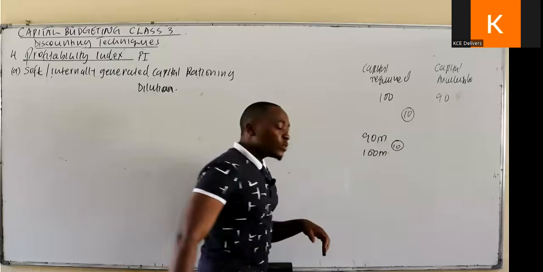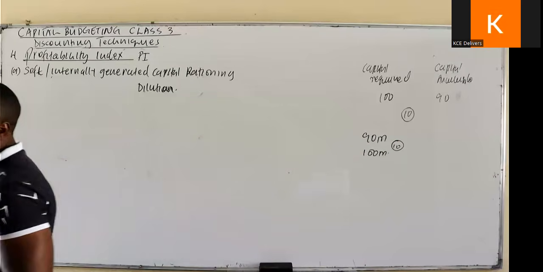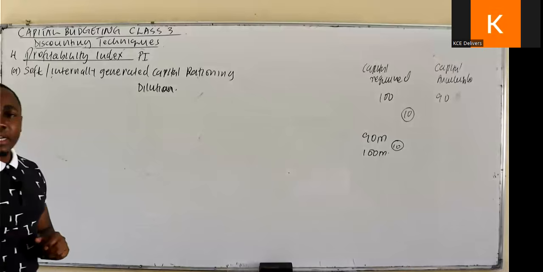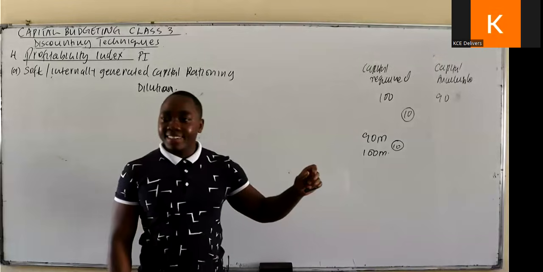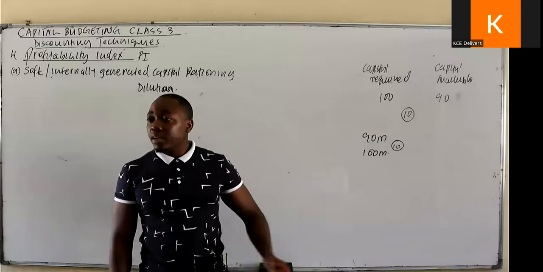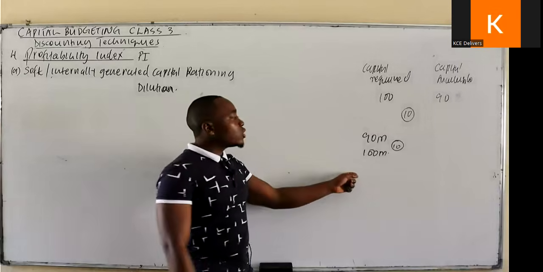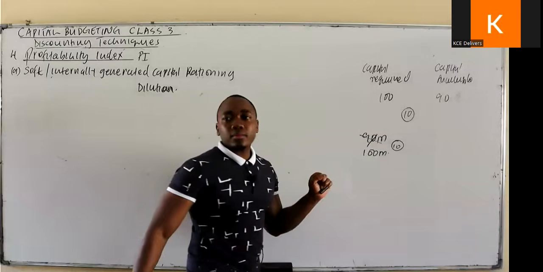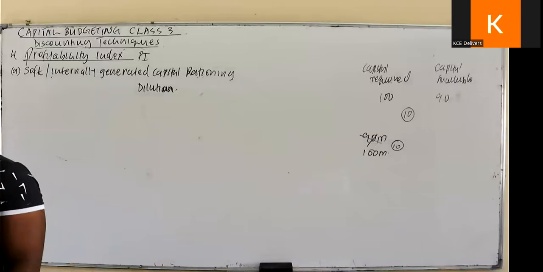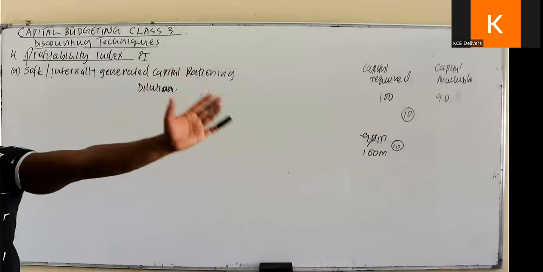You go back to the CFO, the Chief Finance Officer, and he asks how much was your budget? The budget was 90, but now the project requires 100. Can you go back and stick to your budget? In this case, it's not that the company does not have money. They have the money, but the policy is to stick to the original budget.